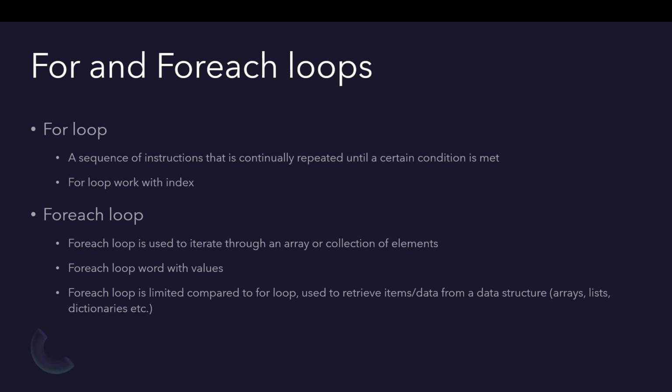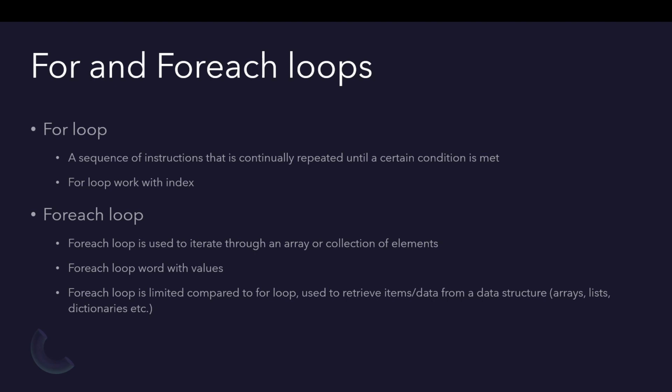Another difference is that the for loop works by index. It looks for the index of the elements to retrieve them, while for each loop works by values. So in a data collection, for each goes and gets the value and retrieves it. So I'm going to demonstrate this difference between these two loops in this video.